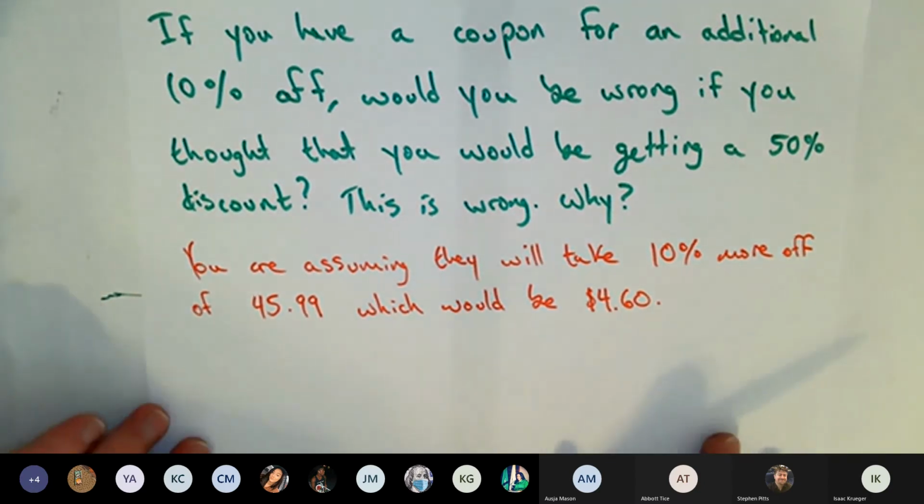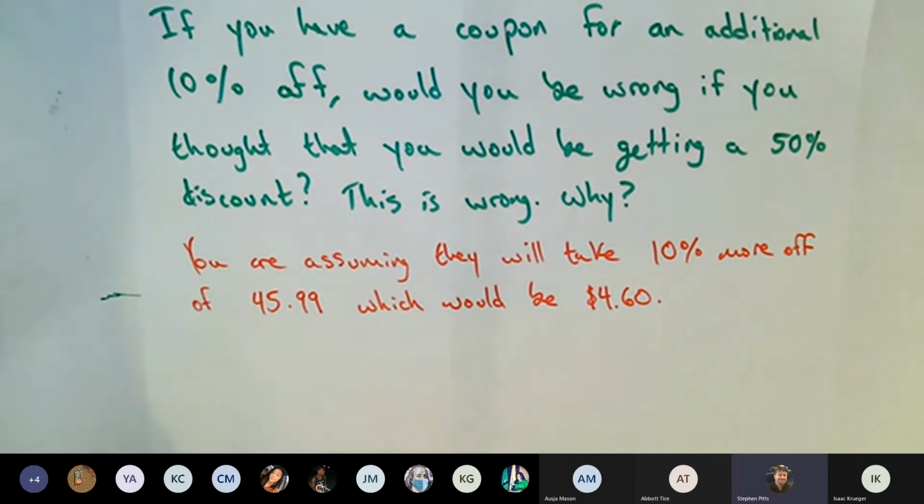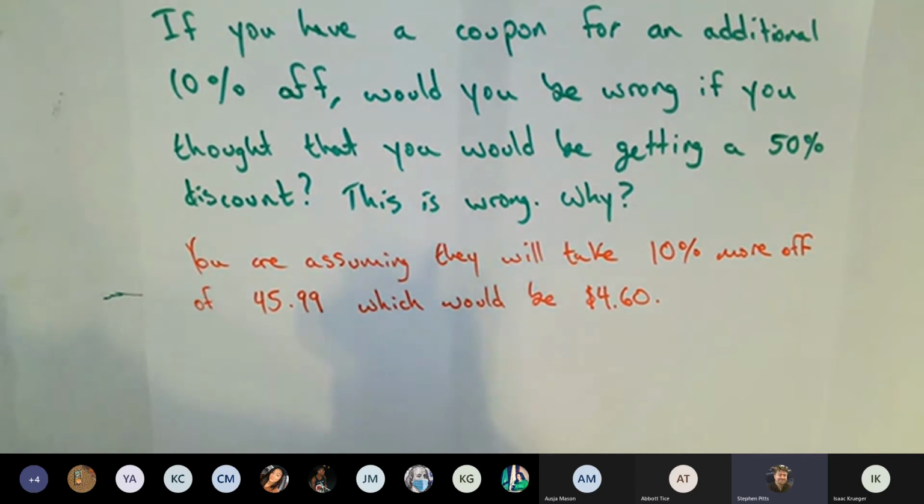Yes, go ahead, Stephen. You have to take the initial 40% off first, and then before tax, that total with the 40% off, you subtract another 10% off of that. Right. Yeah. Exactly. And after tax, and then that's your total.